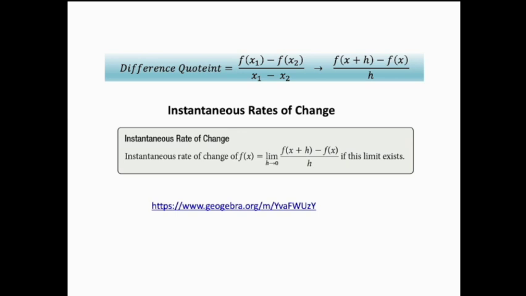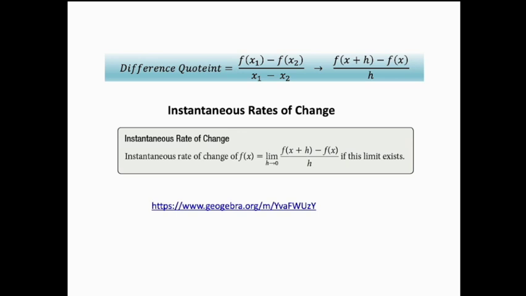When we rewrite the difference quotient with an h in the denominator, and then we put a limit in front of it and say we're going to take the limit as h goes to 0, that is going to help us transition from the concept of the average rate of change to the concept of the instantaneous rate of change. And knowing how to do this is going to provide a really powerful tool that you can keep in your tool belt with all the other things that you're learning. And this will help us investigate and analyze functions at a specific point.